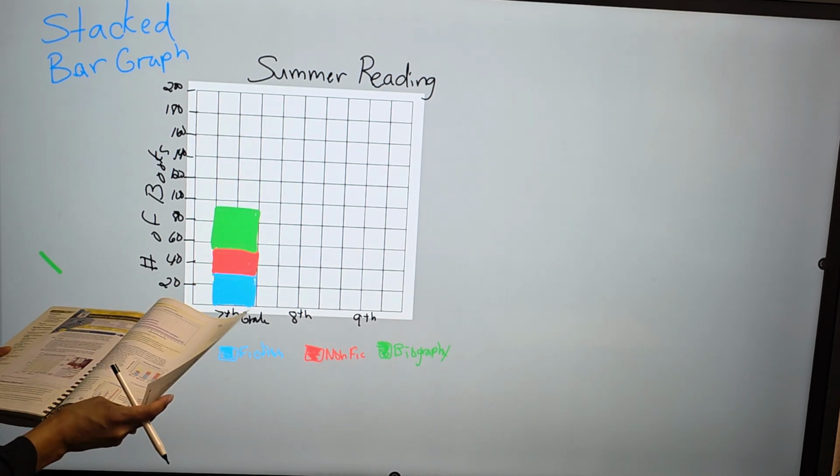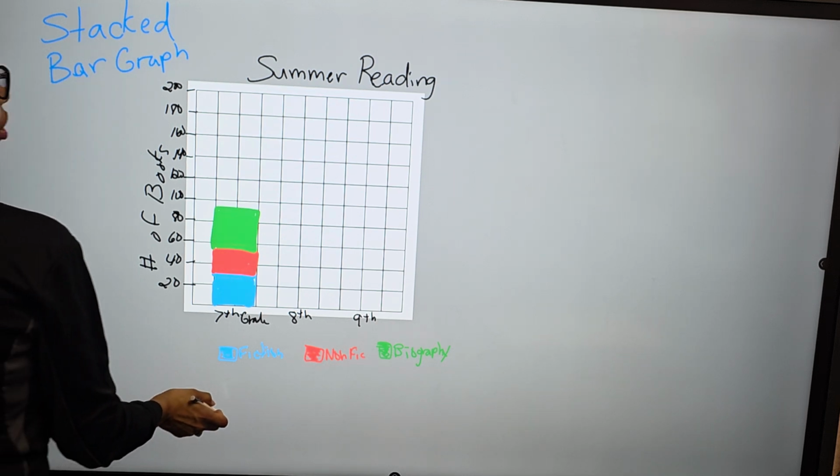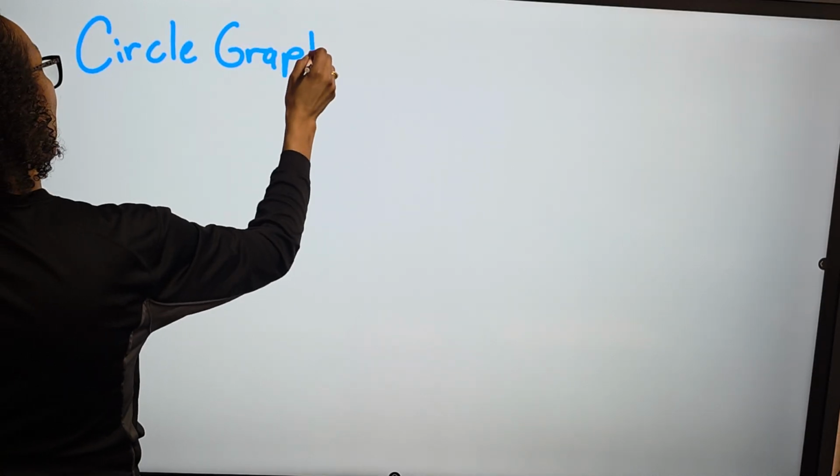All right, the last kind of graph is a circle graph. And we've seen circle graphs before.